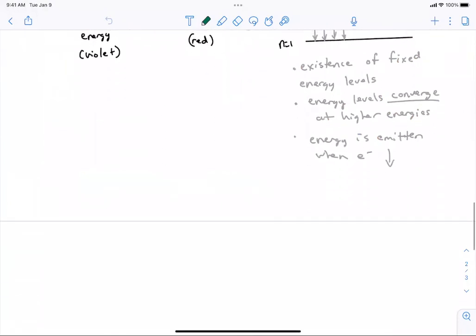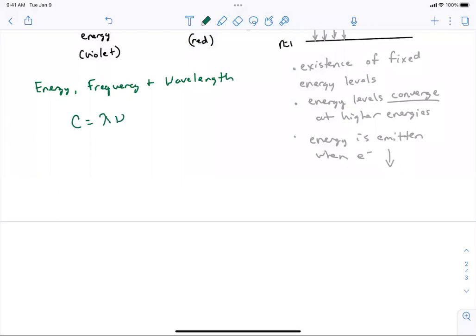Okay. So the relationship between energy, frequency, and wavelength. Understanding these ideas. For standard level, you have to know this equation. c equals lambda nu.